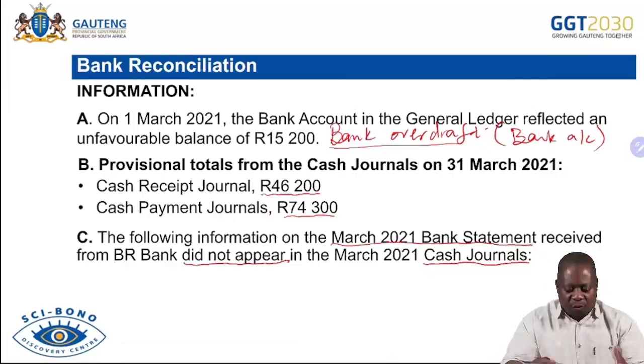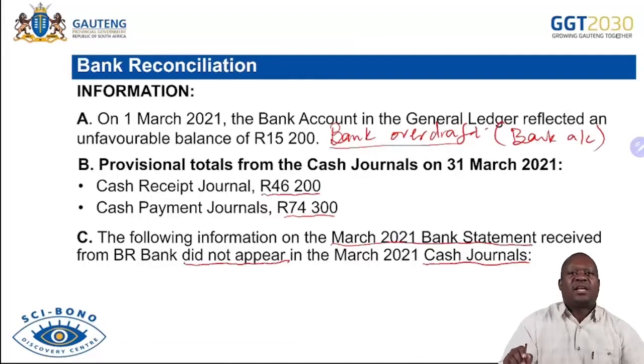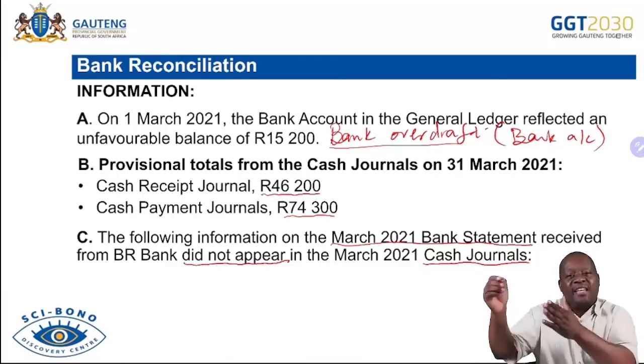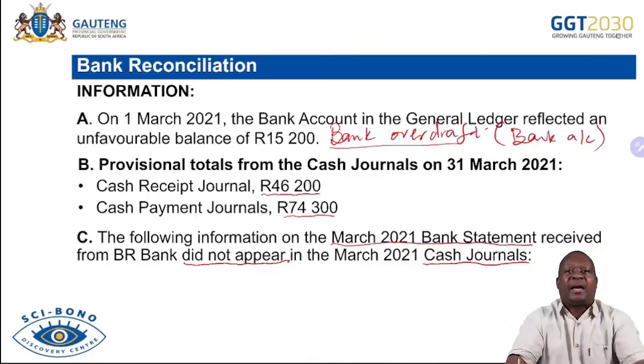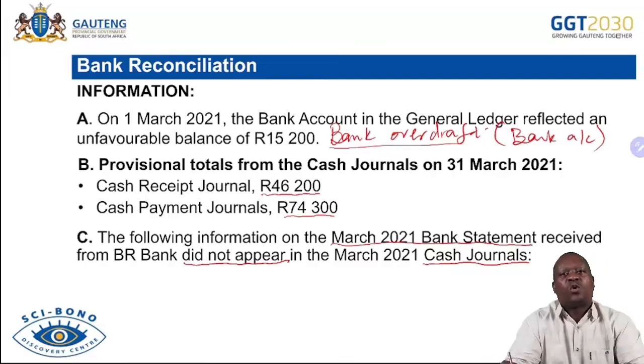For now, we are going to correct it in our bank reconciliation statement. Remember, we said a bank reconciliation statement is our extension of the bank statement, since we cannot go to the bank and correct for them. So we are using our bank reconciliation statement to make all corrections on any mistakes that have been made by the bank.